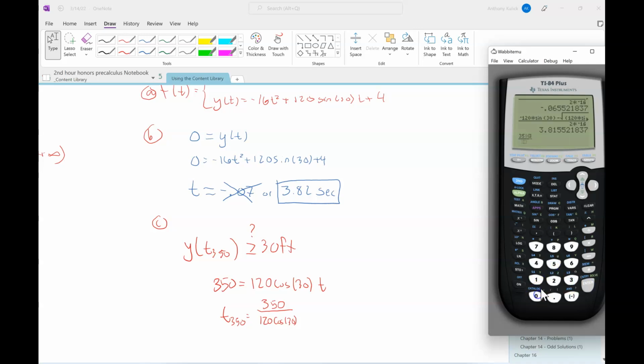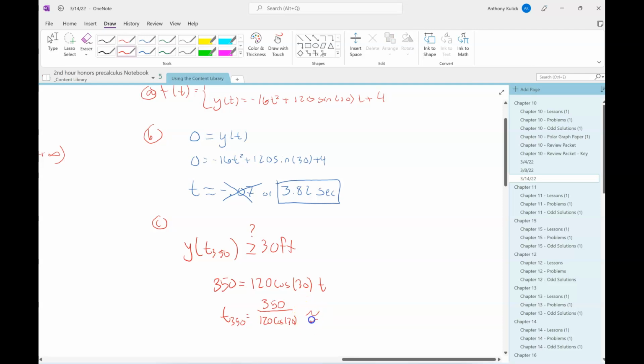So 350 divided by 120 times cosine 30. So that's 3.37-ish seconds.